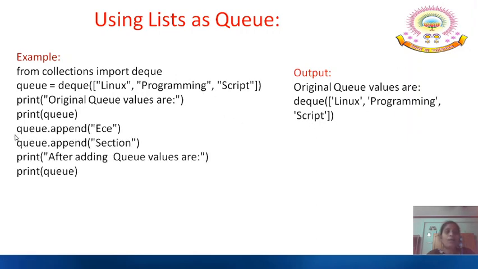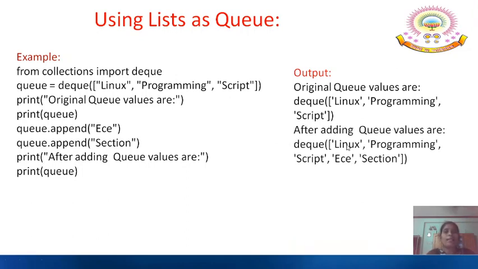Now I want to use queue.append, where the elements are added in a queue at the end. So ECE will be added after script and section will be added after that, because this is the name of the list and the append function will add the elements at the end of the list. So after this your list will be: Linux, programming, script, ECE and section.